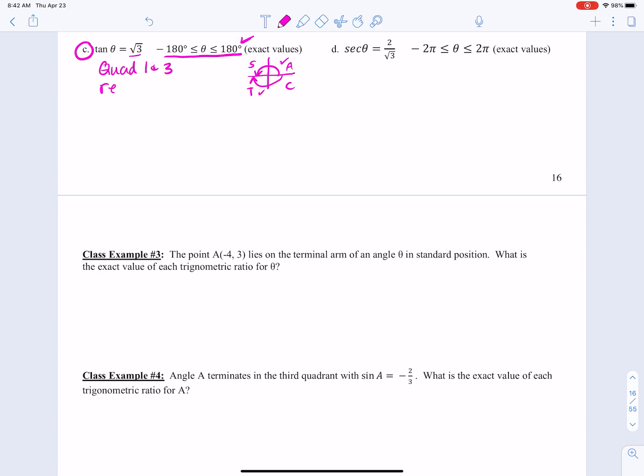And I'm going to find a reference angle. Second function tan root 3, and that will give me 60 degrees. So I'm just going to erase this. I know that I need to report angles in quadrant 1 and quadrant 3 that have a 60-degree reference angle.